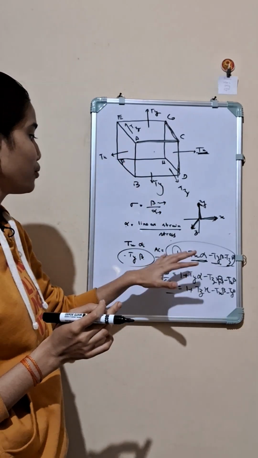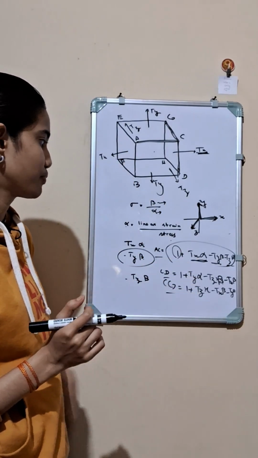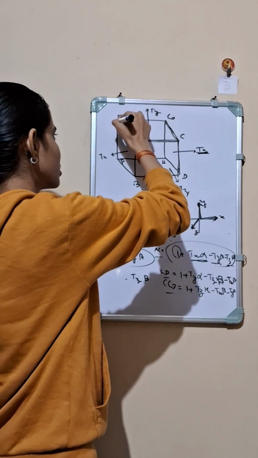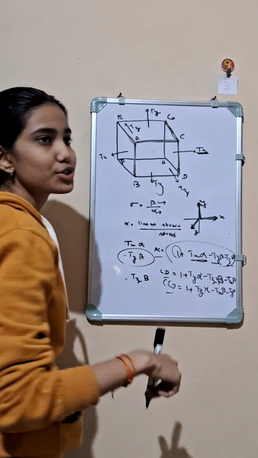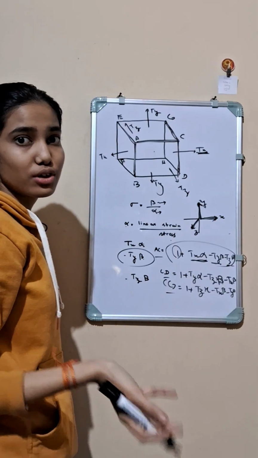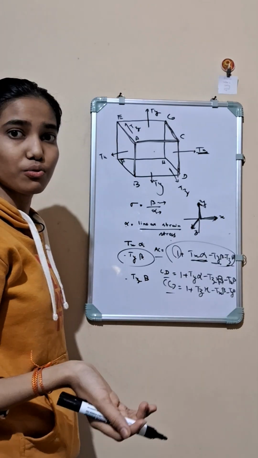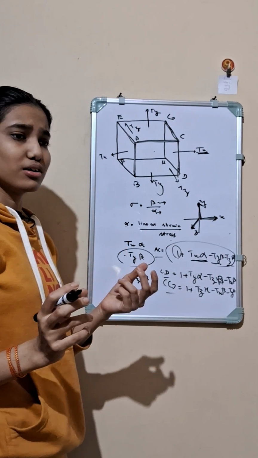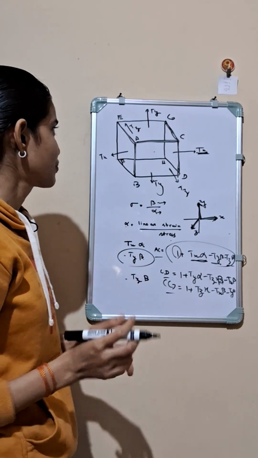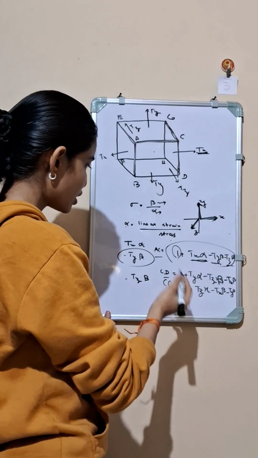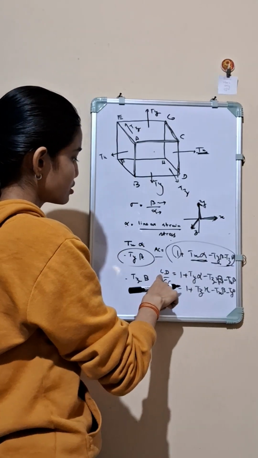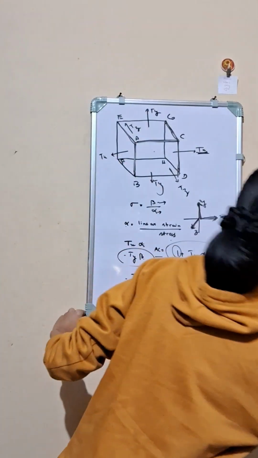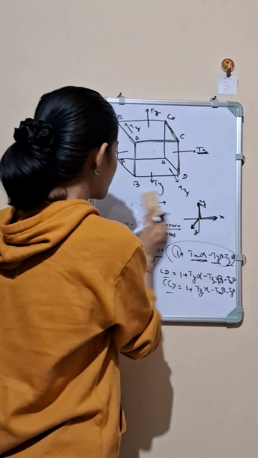To calculate the volume I have to multiply these three, and I know the initial volume because all the sides are unity. So the initial volume is also a unit volume, meaning 1 meter cube or centimeter cube, as per your unit. Now I am going to multiply AC with CD with CG. So let me erase this part.